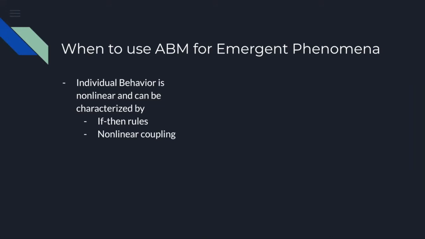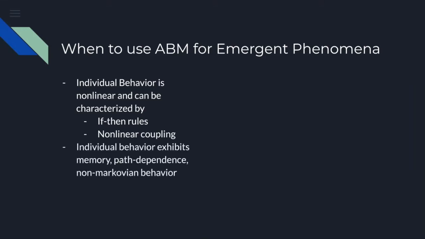And so, secondly, if individual behavior exhibits memory, path dependence, or non-Markovian behavior. Memory is pretty easy to understand: in the system you're trying to model, agents have some sort of memory capacity.